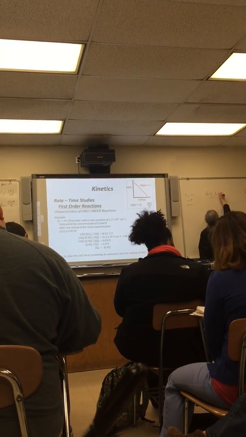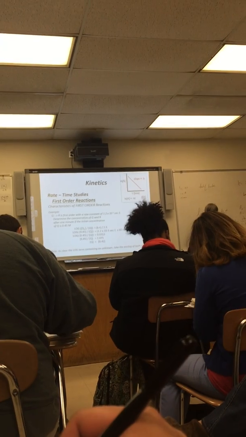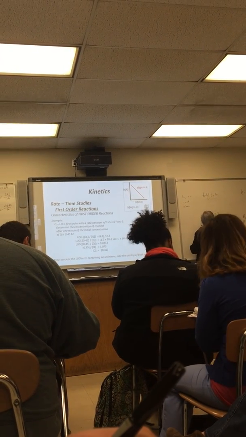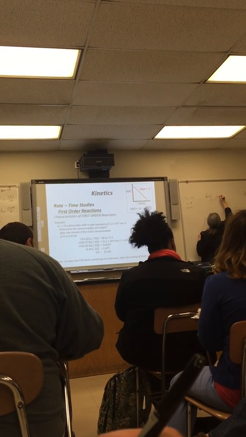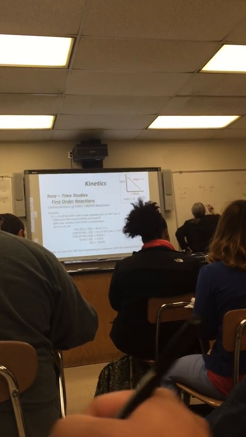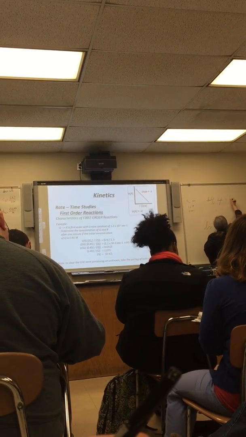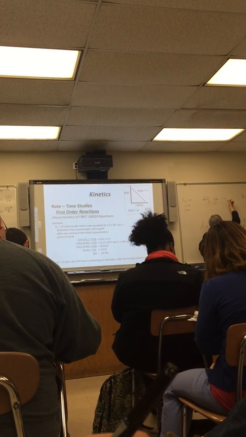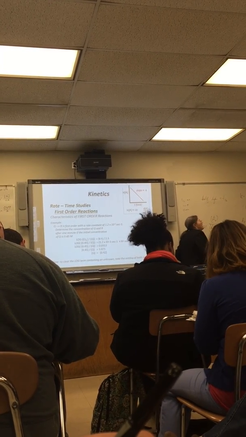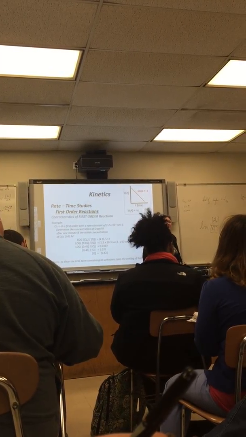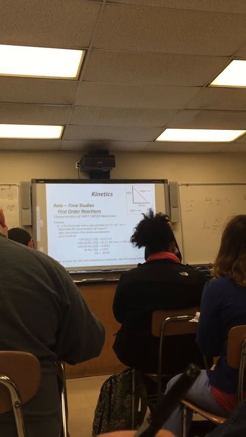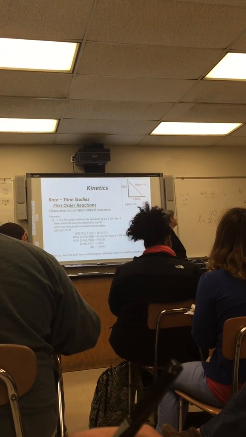For a half-life, the amount of time that it takes for 1/2 of the sample to decompose, my writing's getting too flamboyant, sorry. T1/2, this is not a number there, that's just a designation. The half-life is a designation. The amount of time it takes for half the sample to decompose.